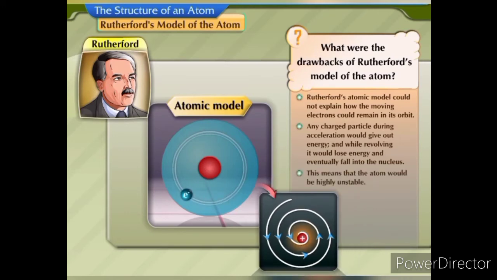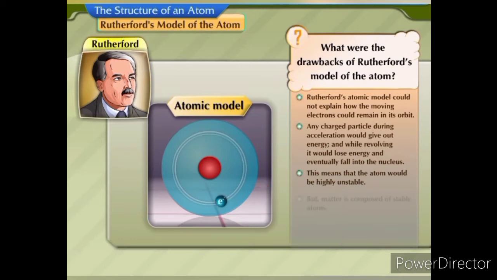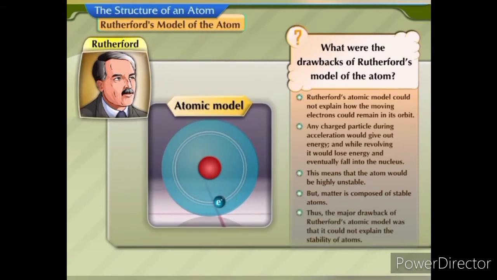This means that the atom would be highly unstable. But matter is composed of stable atoms. Thus, the major drawback of Rutherford's atomic model was that it could not explain the stability of atoms.